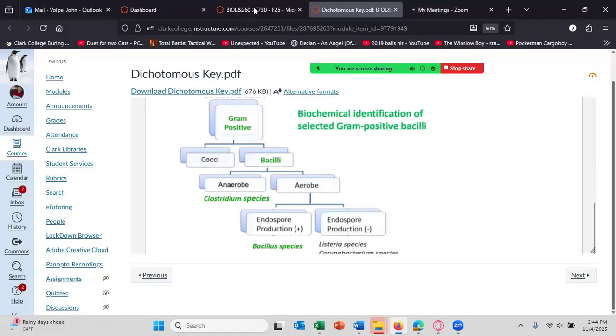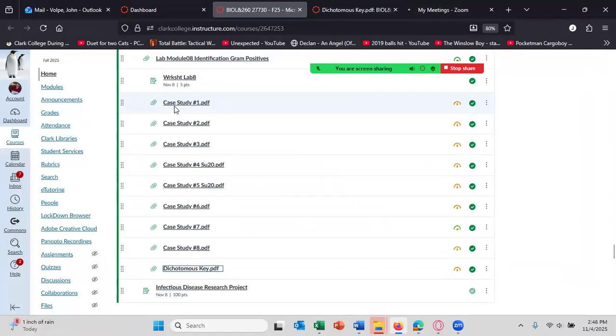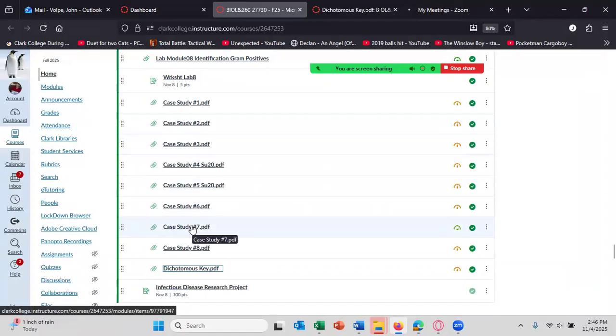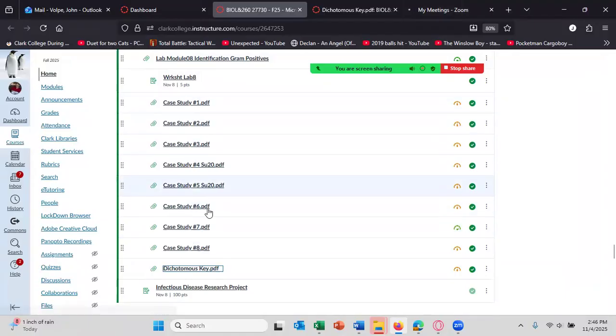All right. And let's come back to here. I thought about putting all of these case studies in one file, and then you'd only need to access one file. But I'm glad I kept it separate because the lead microbiologist, he's now the department chair, sent them to me.